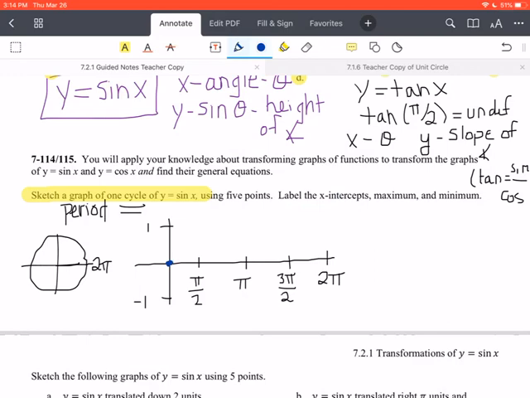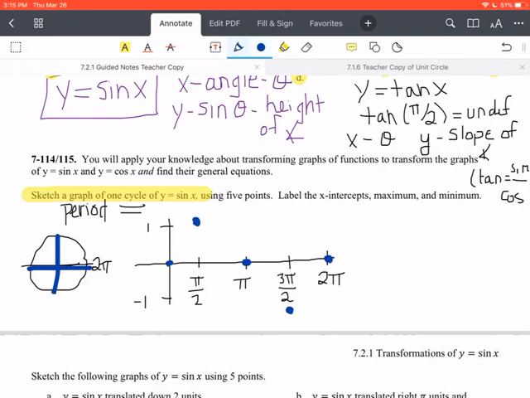Then when we go to pi over 2, what is the sine of pi over 2? Which is right here. The sine of pi over 2 is 1. So I'm going to put my peak there. And then what is the sine of pi? That is 0 because we didn't go up any. And then what is the sine of 3 pi over 2? That is -1. And then at 2 pi, we are back to not going up or down at all.